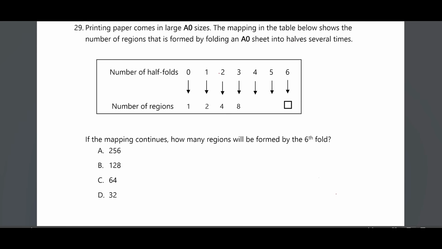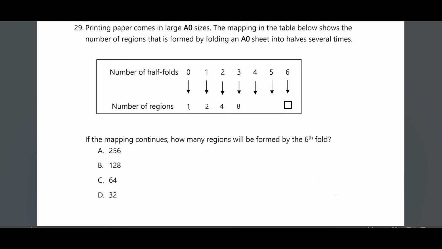When it is folded twice, we have four regions. When it is folded three times, we have 8 regions, in that order. Now, if the pattern continues, then how many regions will be formed by the seventh fold? We want the number of regions that can be formed by the seventh fold.